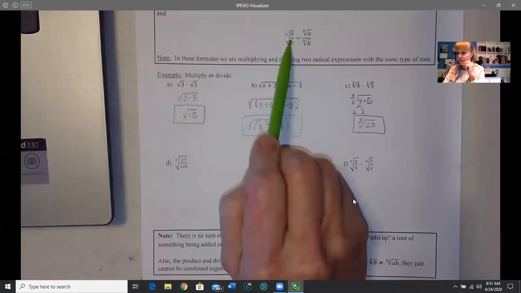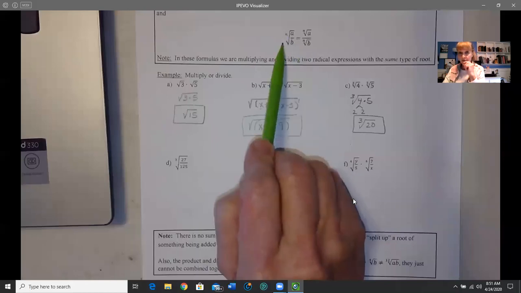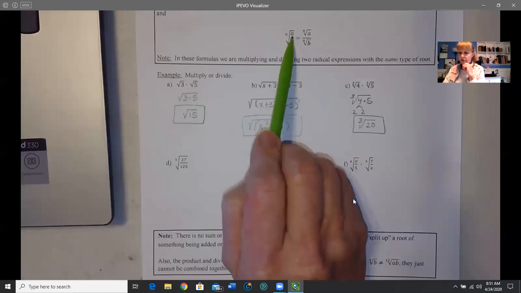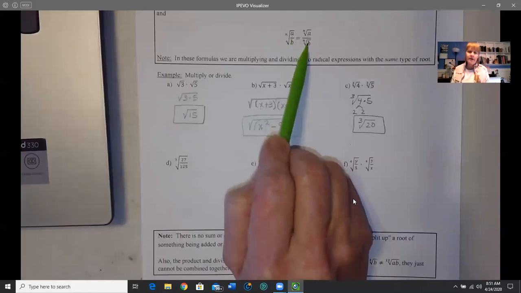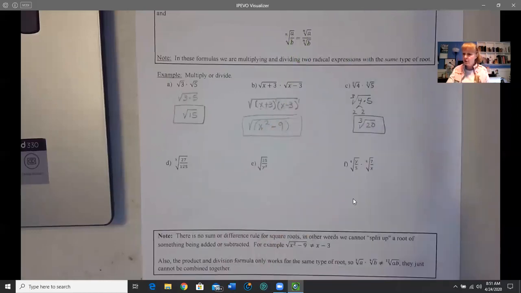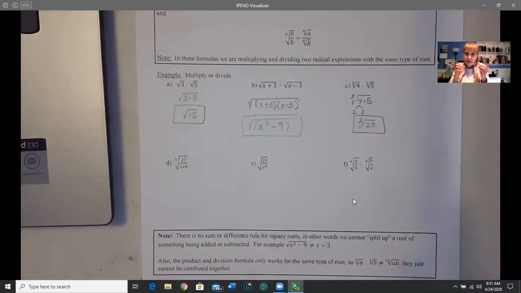So again, you can go back and forth this way. And that's what we're going to practice. Sometimes you'll need to go from here to here in order to reduce. And sometimes if you can't reduce, you separate them and reduce looking for the nth root, whether you need 2 of something to come out or 3 of something to come out, and reduce them separately.